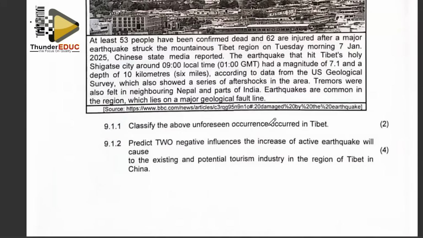So classify the above unforeseen occurrence. That's a natural disaster. It was not caused by anyone, but that's a natural disaster, which you can also call an earthquake. Then two negative influences the increase of active earthquakes would cause to the existing and potential tourism industry.